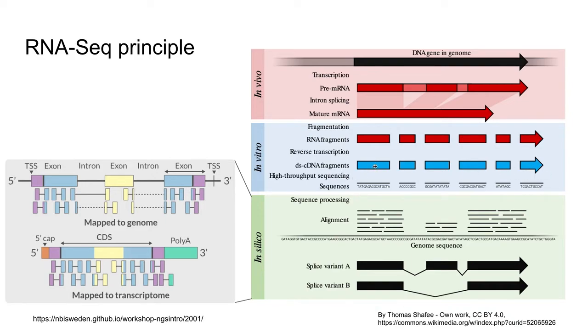When you sequence these RNA reads, you have to align them to the genome. Here I wanted to go back to a slide which I got from an NBIS workshop, which I find a bit more instructive, where you can map your reads to the genome.